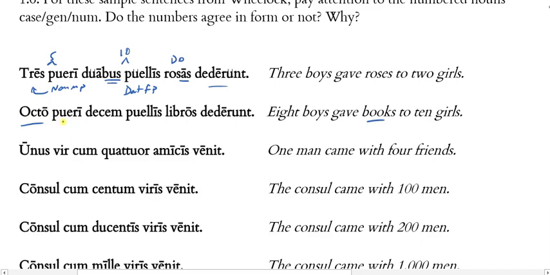Even though boys is nominative and plural, octo is indeclinable, so it's octo without any change. All right? And then there are ten girls, and decem is also indeclinable, and therefore, even though puellis is a dative feminine plural, decem is just decem because it's always decem. All right, so we have no distinction.